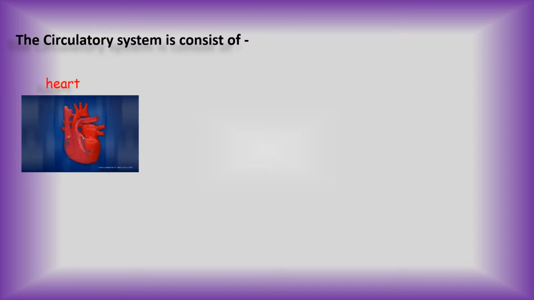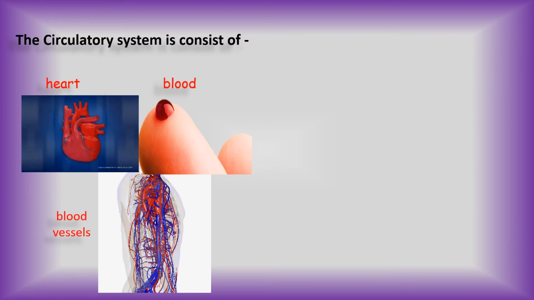To understand the circulatory system, let's first understand what organs are involved in this system. The circulatory system consists of heart, blood and blood vessels.